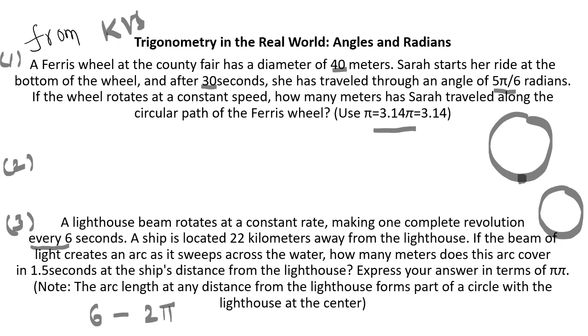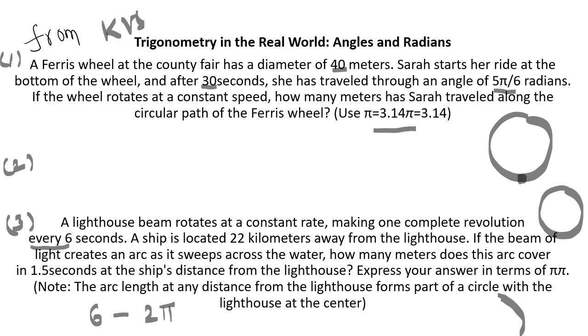If the beam of light sweeps across the water, creating a circular arc, how many meters does this arc cover in 1.5 seconds at the ship's distance from the lighthouse?